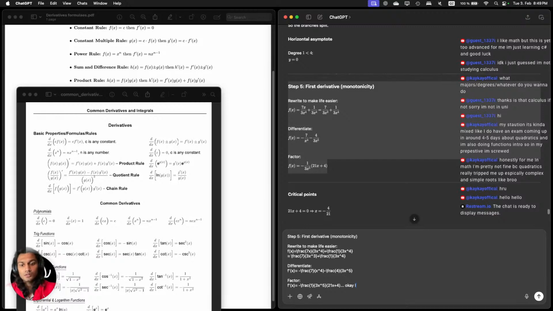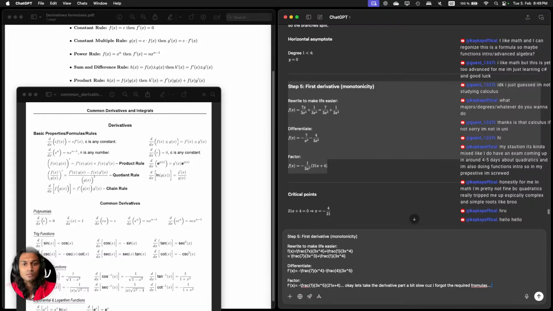Let's take the third. Because I forgot. I like math and I can recognize this is a function, so maybe functions.